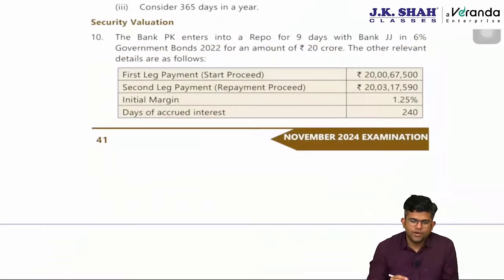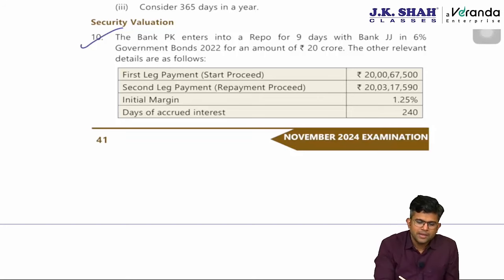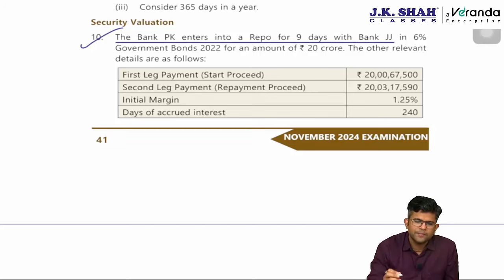That's it. Okay friends, let's now do question number 10 from the chapter Security Valuation. Here they have asked questions on the concept of money market instrument. If you have seen your security valuation study module, last 3-4 questions of the practical problems are based on this only. They are saying the bank PK enters into a repo for 9 days with bank JJ.